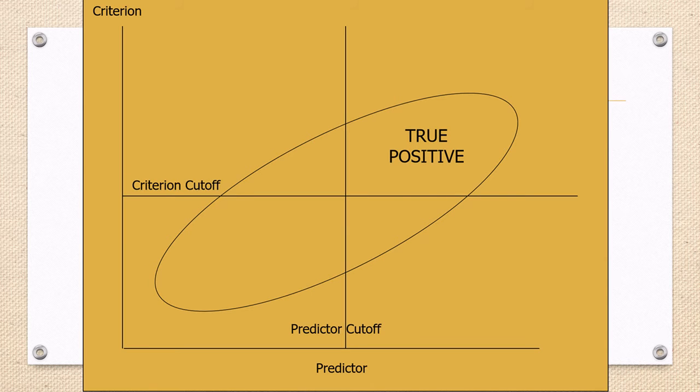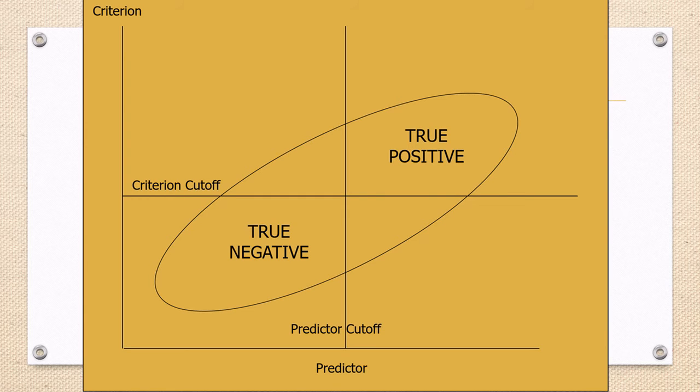So for the people who were accepted into the position, we see that many of them are what we call true positives. They actually do a good job on the job. And there are also true negatives.